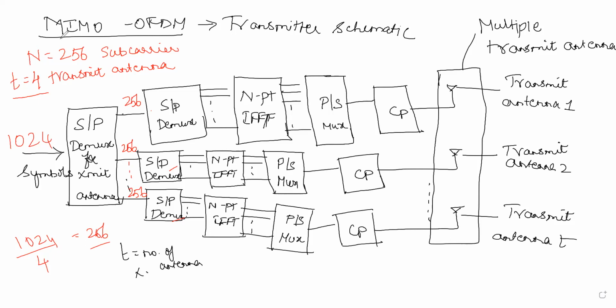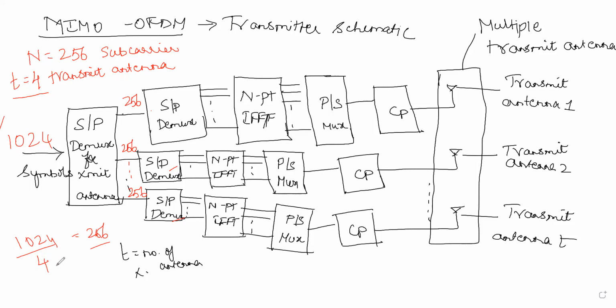We are considering N equal to 256 subcarriers, 4 transmit antennas, and 1024 symbols. Since there are 4 transmit antennas, 4 paths will be available.